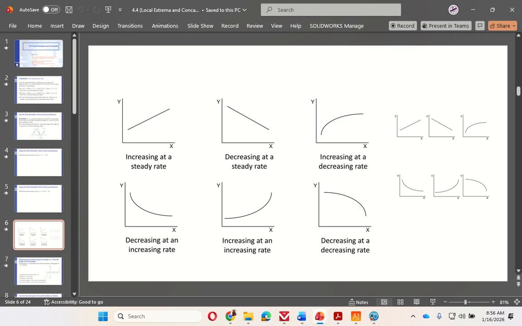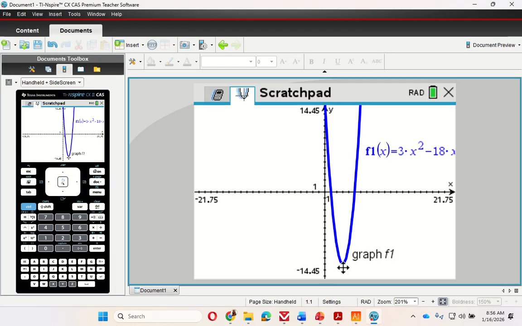And then decreasing at a decreasing rate is if it's going sharper down. So when my derivative of the derivative, which is the second derivative, is equal to 0, that's where it's actually going to change. Yep, that's where it's changing, at the number where my second derivative equals 0.